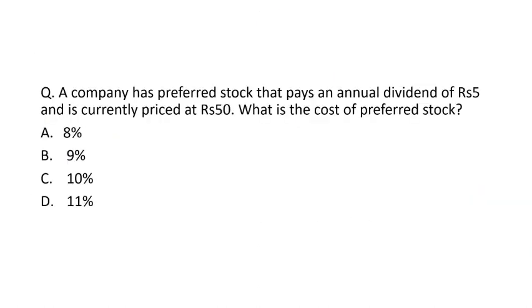Now let's see: a company has a preferred stock that pays an annual dividend of rupees 6 and is currently priced at rupees 50. What is the cost of preference stock? 8%, 9%, 10%, 11%. So the preference stock annual dividend of 5 is being paid, and the current price is 50.